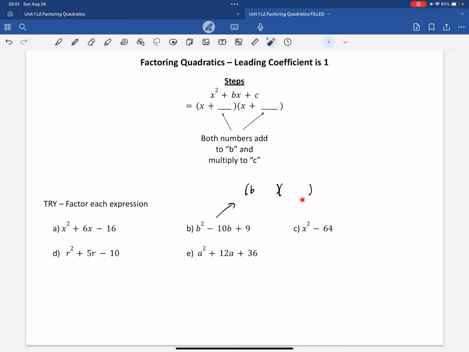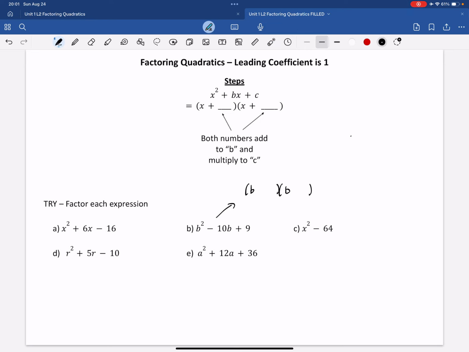We're going to break it into two binomials multiplied together, and we know if that leading coefficient is 1, right here, b squared breaks down as b times b, okay? Then all we really need to do is look at the c component, right, the plus 9 here, and figure out what two numbers multiply to be 9 and add to be negative 10.